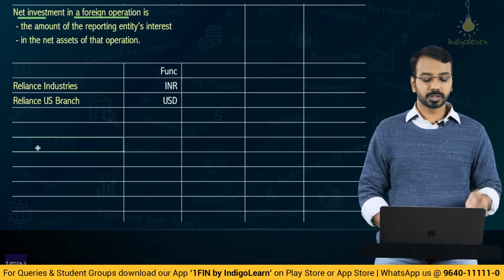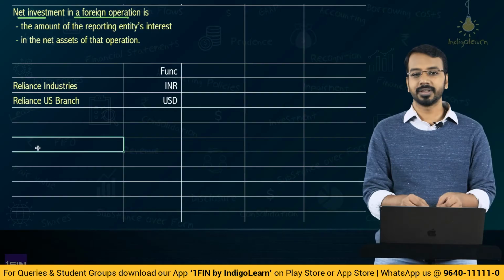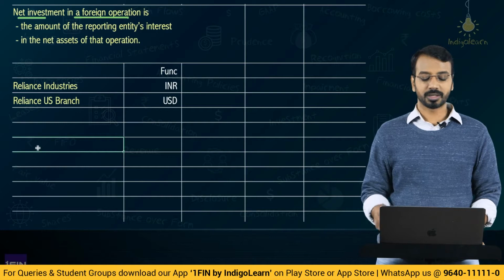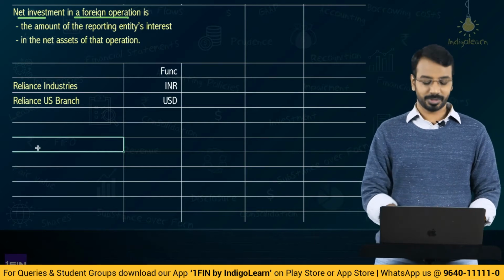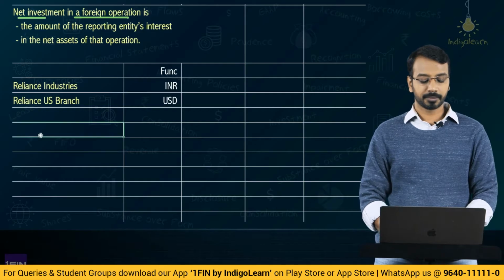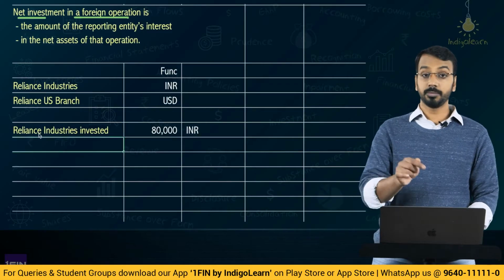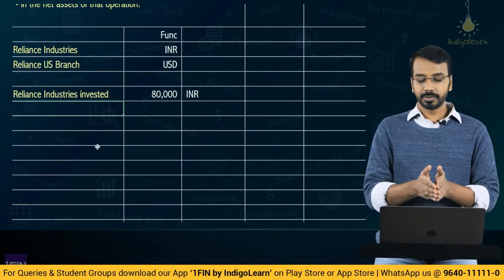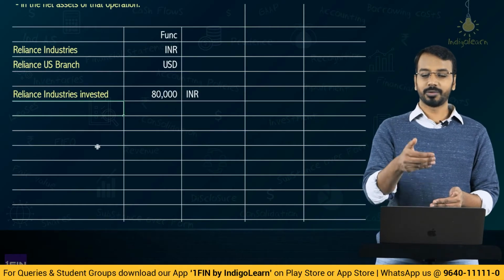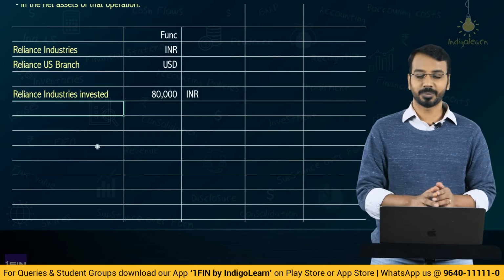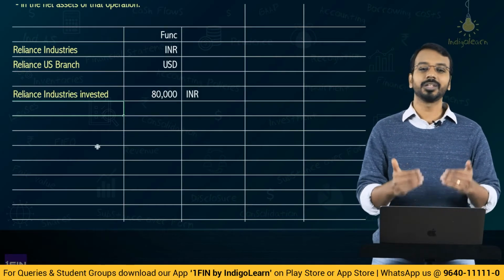Now to start the branch, Reliance Industries invested, say for example, 80,000 rupees. I could add crores also, I am just using a simple example to make you understand the concept. So Reliance Industries invested 80,000 INR into the US company. Now we will prepare the balance sheet presentation in both Reliance Industries' financial statements and the branch financial statements, and see what happens after 1 year.